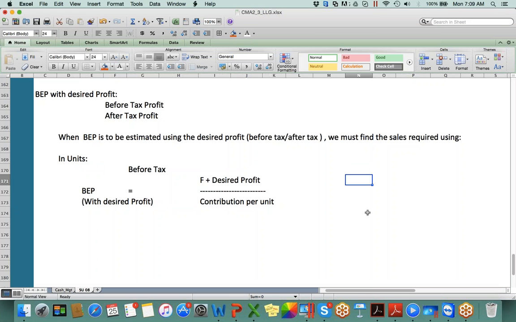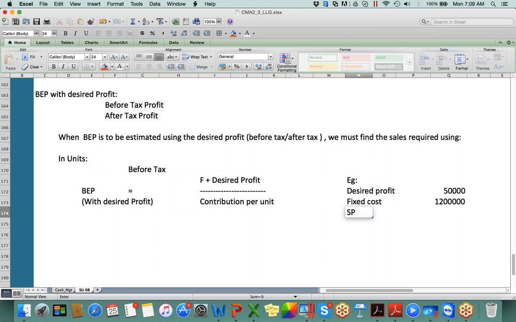Say for example, the company wants a desired profit of 50,000, with a fixed cost of say 1.2 million. Selling price is say 120, variable cost is say 80.